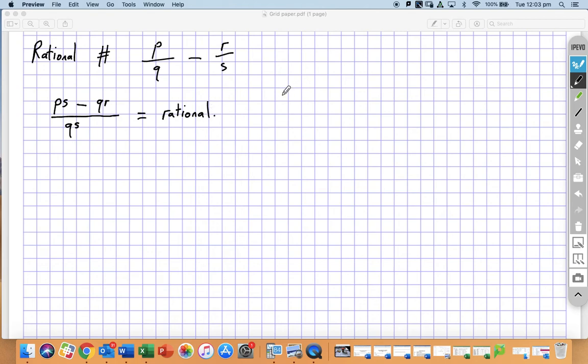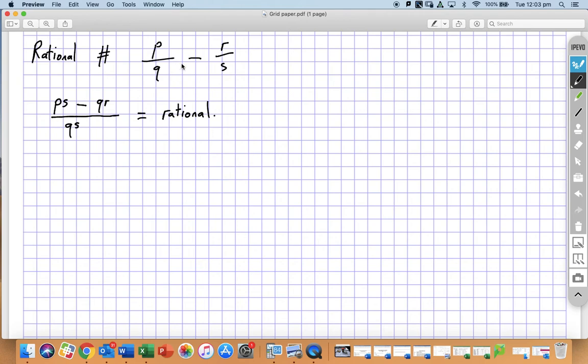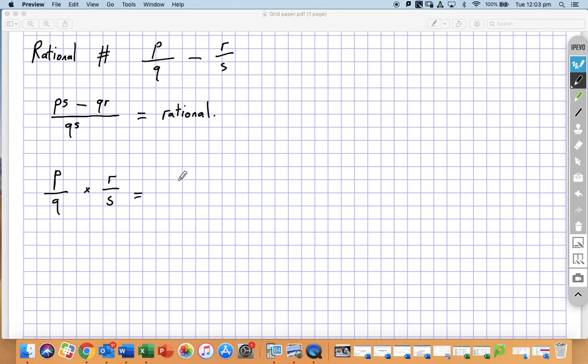And the last one: the product of two rational numbers is rational. If I took these two rational numbers, P on Q, but this time we multiply R on S, we're going to end up with a fraction expressed from those numbers, whatever these numbers are, it doesn't matter.